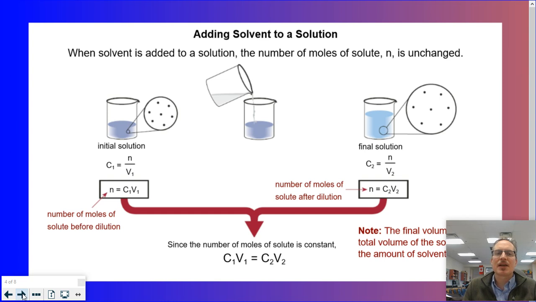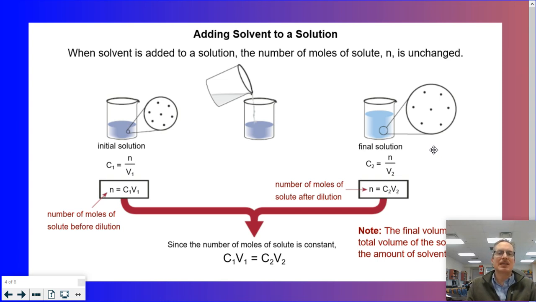So if we take a look at an example, again, I would like to look at the initial solution compared to the final solution. You'll notice to get the final, we added more water, we added more solvent, but you'll notice that we start with 7 particles of solute and we end with 7 particles of solute. The number of moles or the mass of the solute before and after we start is going to be the same.